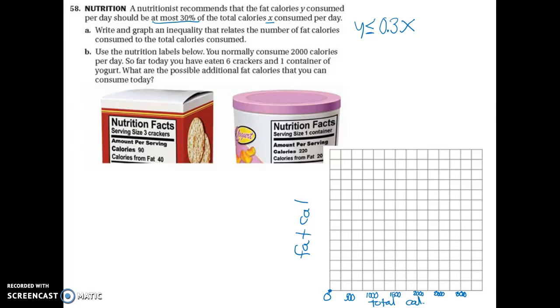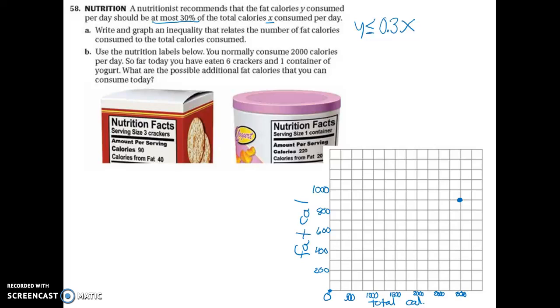So if I count by hundreds, I'm probably good. I'm going to count by hundreds, but only label every other. I already found out that 30% of 3,000 is 900, so I do have a value I can plot.